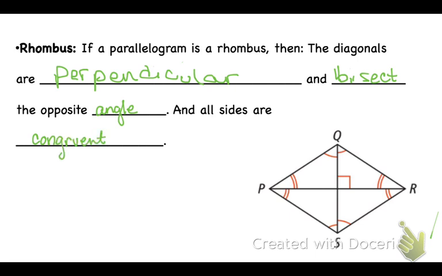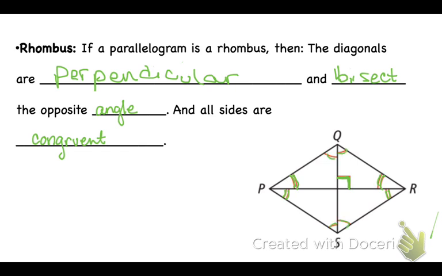Okay, so if a parallelogram is a rhombus, then the diagonals are perpendicular, so they meet at a right angle, and bisect the opposite angles. So this angle is congruent to this angle is congruent to this angle, and same on the other side.